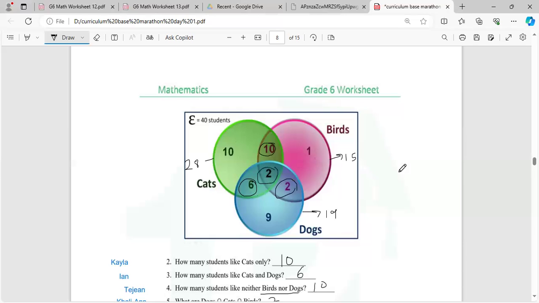So then like cat, birds, and dog. We were asking about the bird, cat, and dog, so they like all 3. The ones that we're asking about are just only birds and cat, only dogs and cat, only birds and dog. And of course, for all 3, it would have been 2.